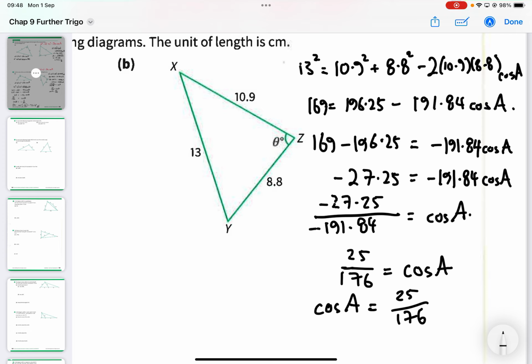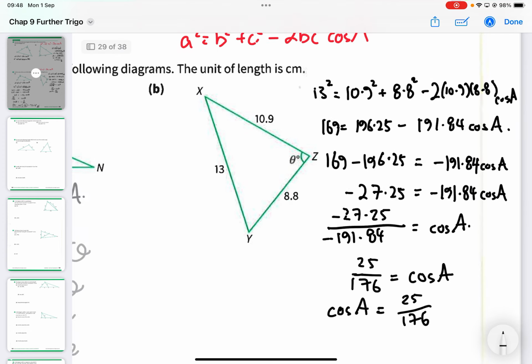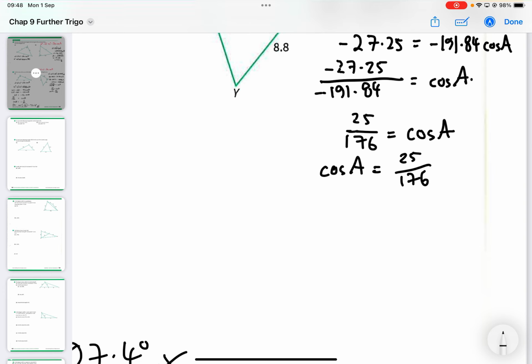Then I want to find back the angle. The cosine of this angle is 25 over 176. I want to find the angle, so I will use cosine inverse.